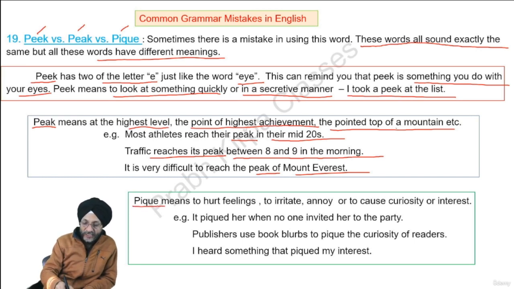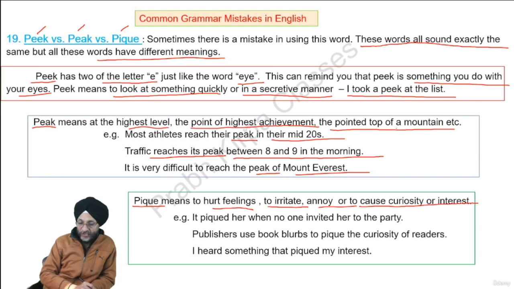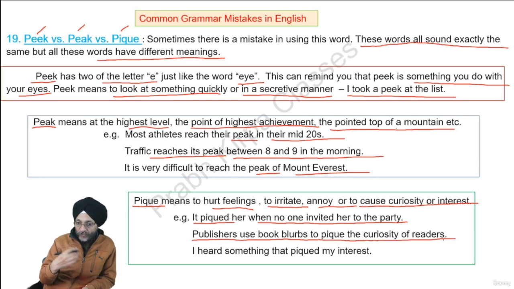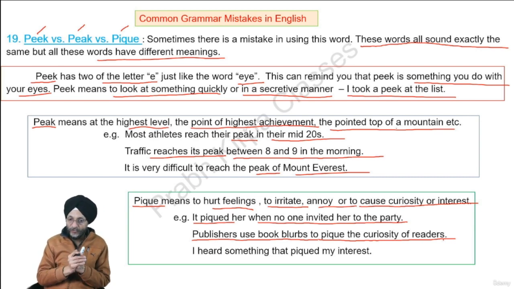Next, pique means to hurt the feelings, to irritate, annoy, or to cause curiosity or interest. It piqued her when no one invited her to the party. That is, it hurt her feelings or irritated her. Publishers use book blurbs to pique the curiosity of readers. That is, to create interest in the readers, they use book blurbs.